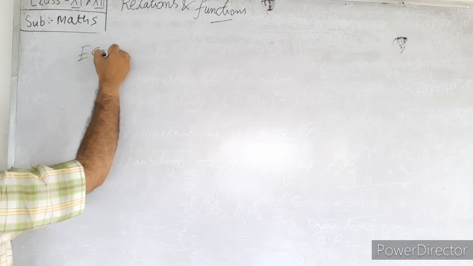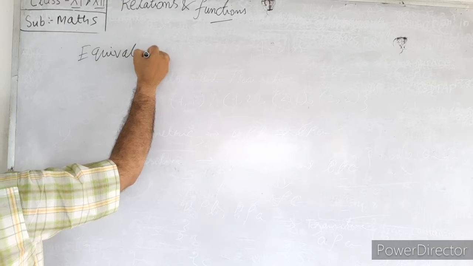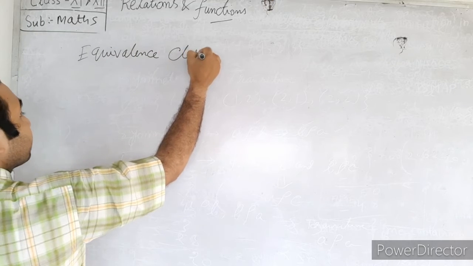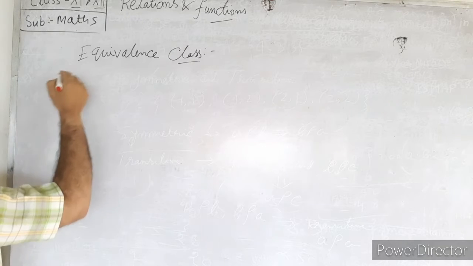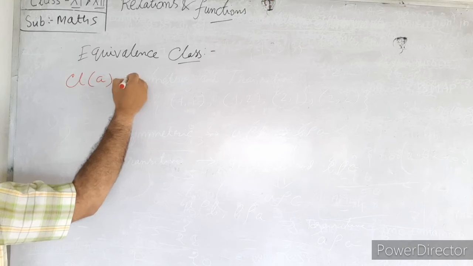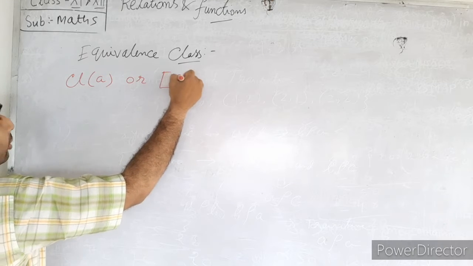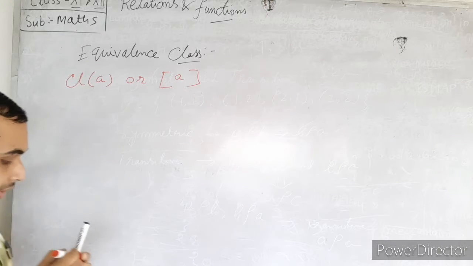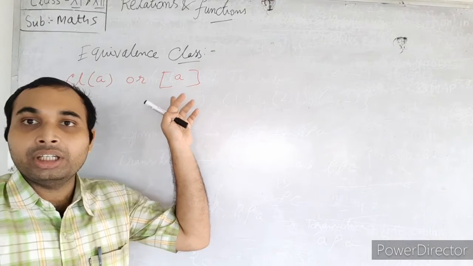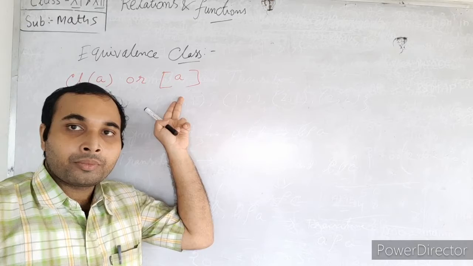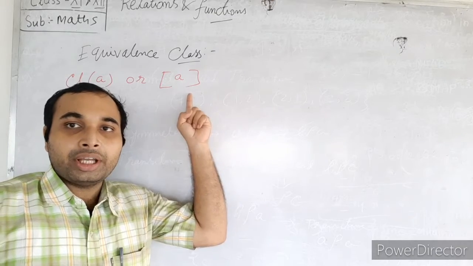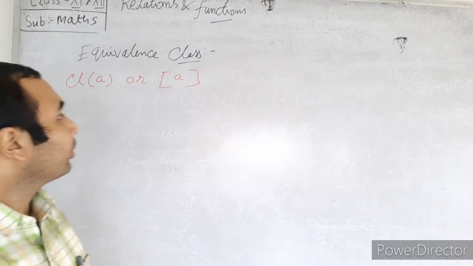Equivalence class. This is denoted like this, the notation of the equivalence class of one element A. This is one element A, so it is denoted as this.